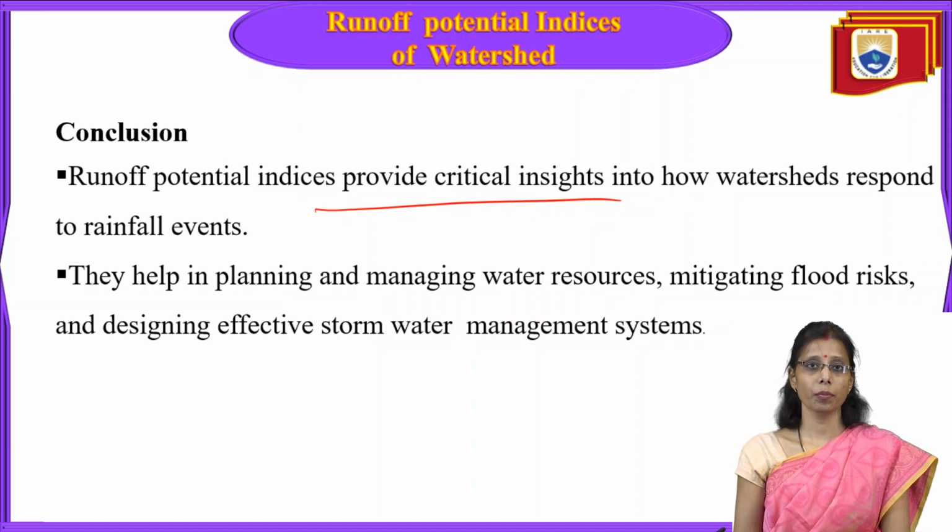By using these types of indices, we can come to a conclusion, based on the rainfall and the watershed conditions, about the runoff which is going to occur, how it is responding to rainfall events, in which areas the rainfall is more and the runoff is more, and whether there is any chance of flooding in such areas. So they help in planning and managing the water resources, and mitigating the flood risk. This will help us in flood mitigation.